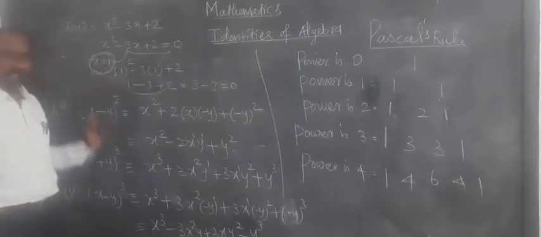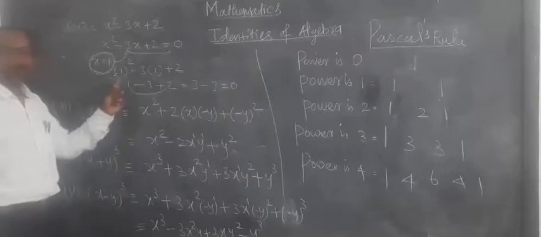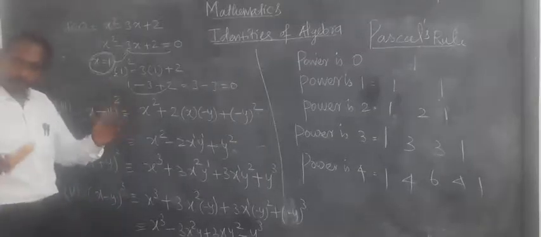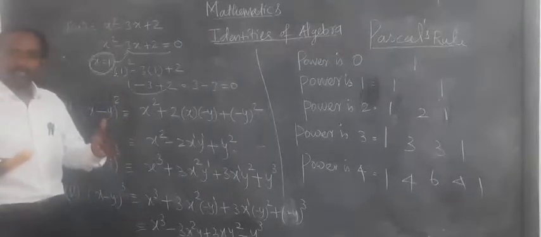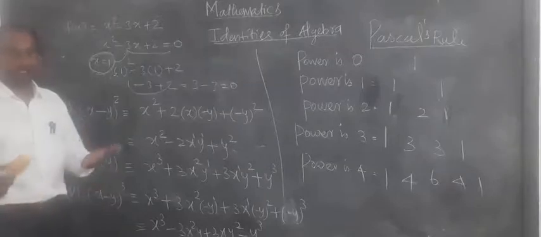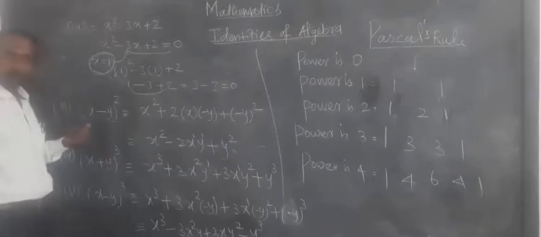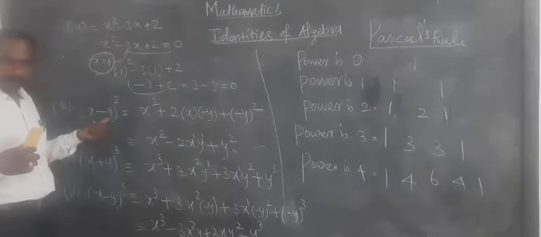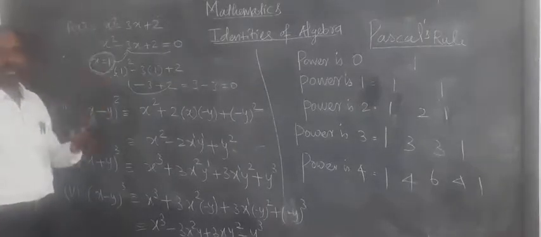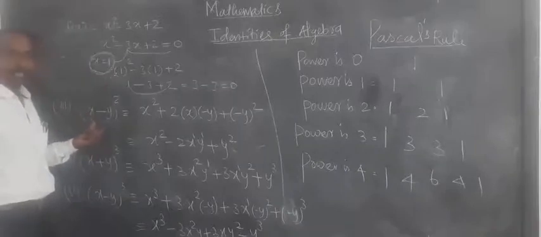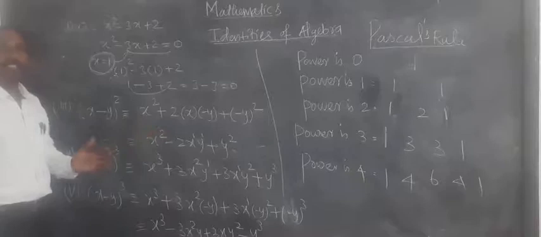But how do identities differ from an equation? You can substitute any kind of value instead of x and y. For example, if I take x equal to 1, but you take x equal to 3, or y equal to 2, or y equal to negative 3, any value, and you substitute in the left hand side and right hand side, you get the same value.